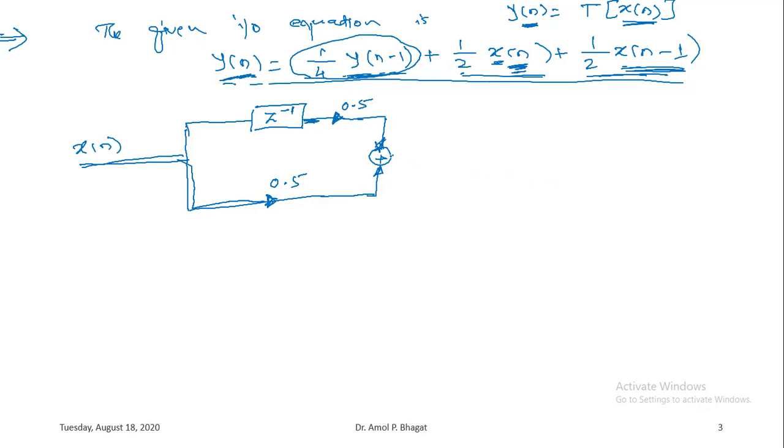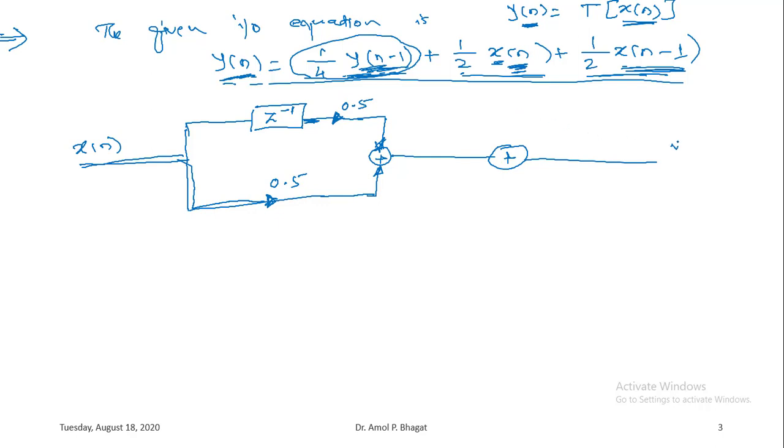Again I need one adder to add this. But if you observe here, this term is y of n minus 1. It is not an input term, it is derived from the output itself, so it is nothing but the past or previous output.